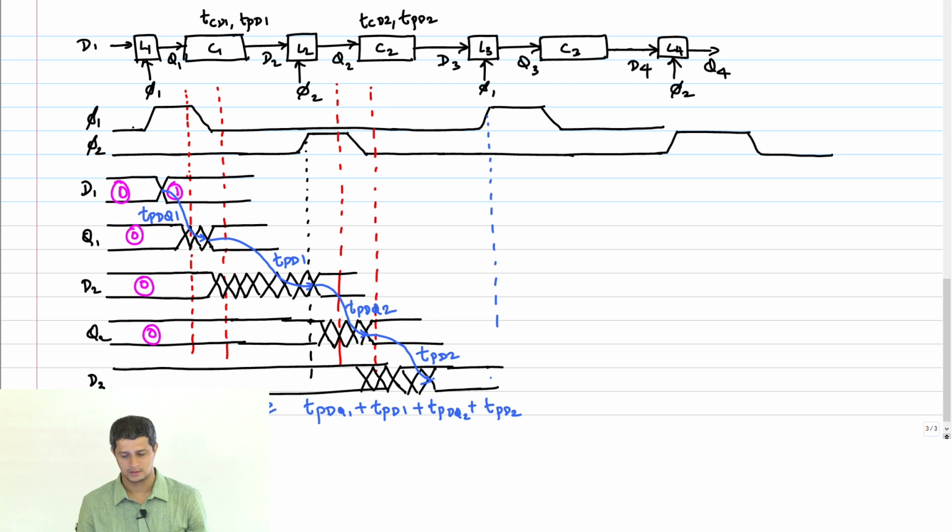Okay. Now let's try to analyze the min delay constraint. Okay. When can D1 change first of all? After the, correct. The time is not Tc.